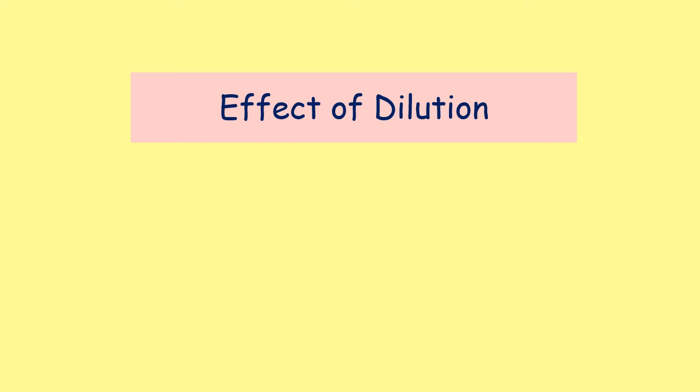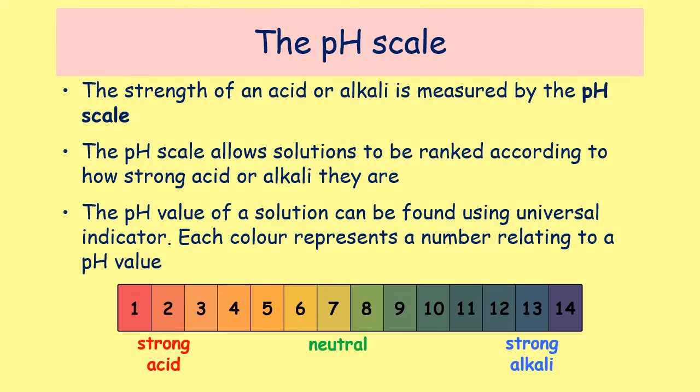So in the first part of this video, we looked at the pH scale and we looked at the colours things change. The pH scale not only changes different colours in universal indicator, but we can assign numbers to the colours. And the numbers on the pH scale go from 1 to 14.